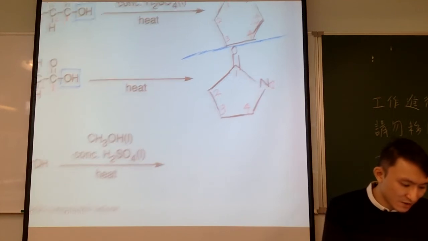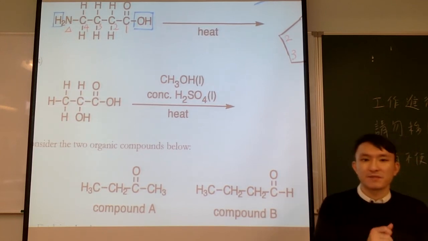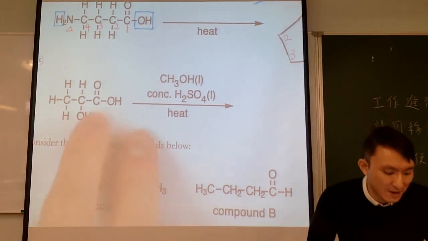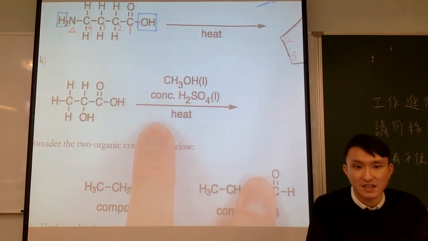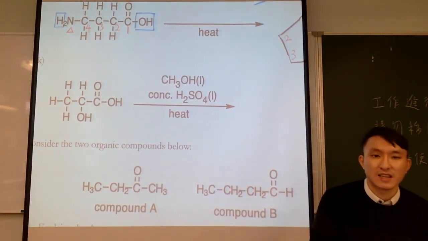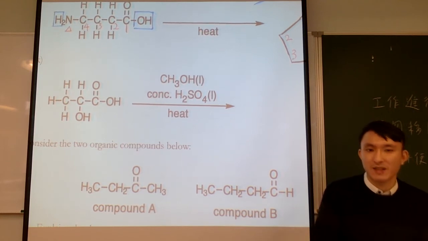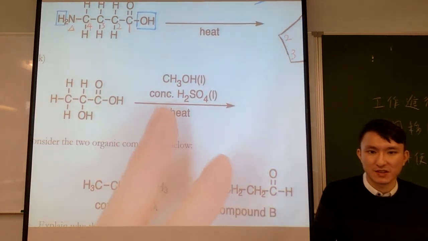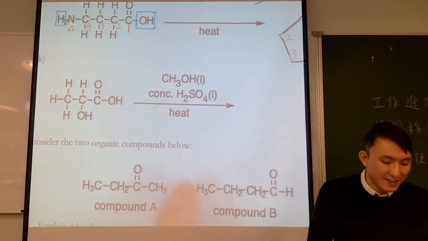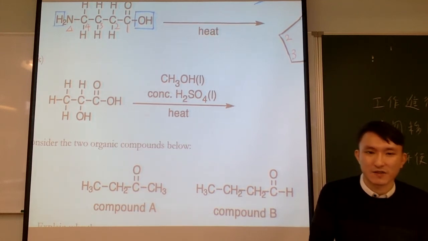All right. So the last one here. We have this compound, and you see it has concentrated sulfuric acid again, heat, and also methanol. So what products do we expect to see? You see all these combos obviously hint towards esterification.